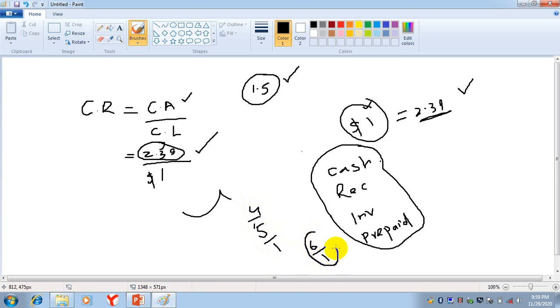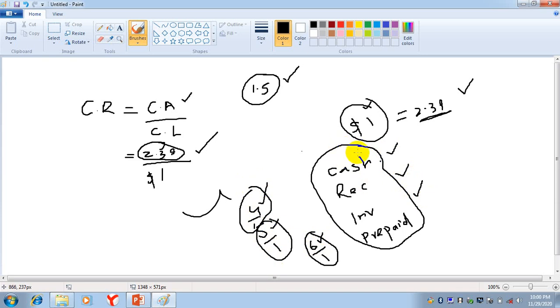Why? This is showing that your management of current assets is not good. What does it mean? It means you have too much current assets. Either you have too much cash, too many receivables, or too much inventory.